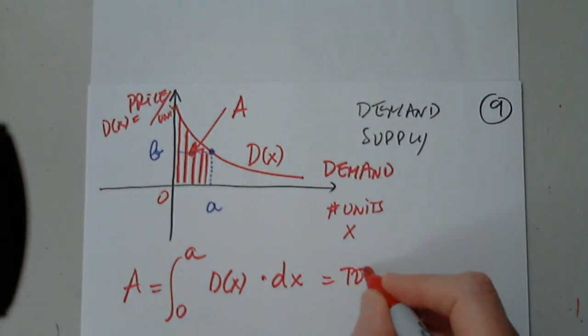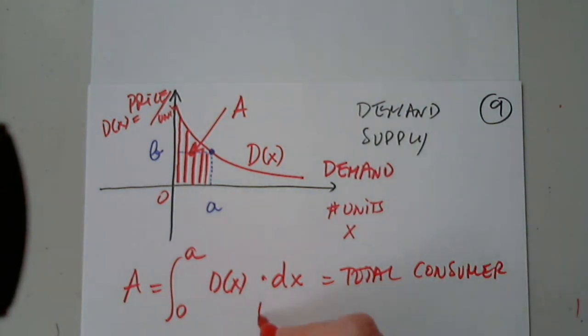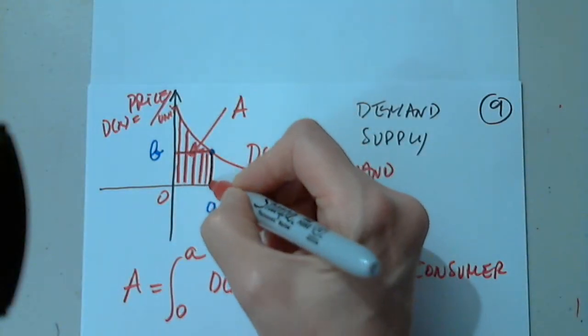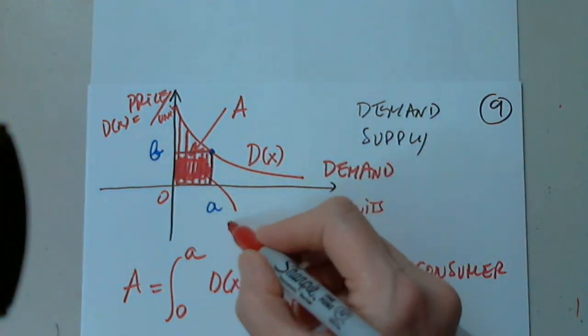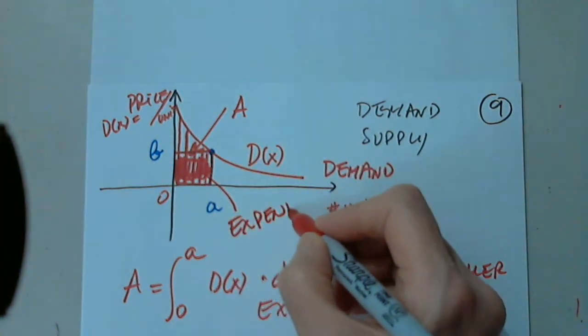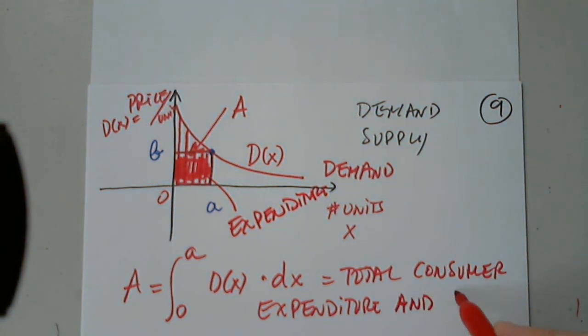Total consumer expenditure. This is the expenditure. And surplus. Here's the surplus.